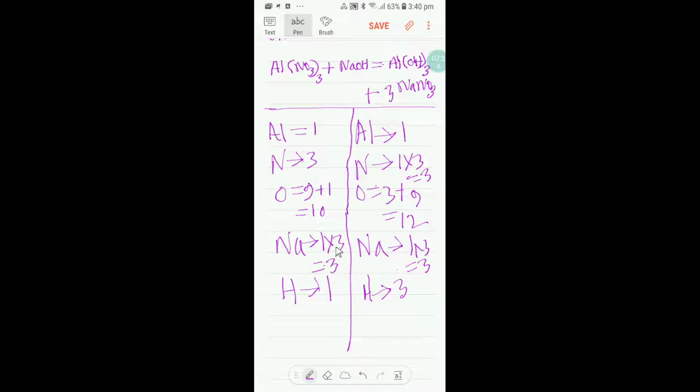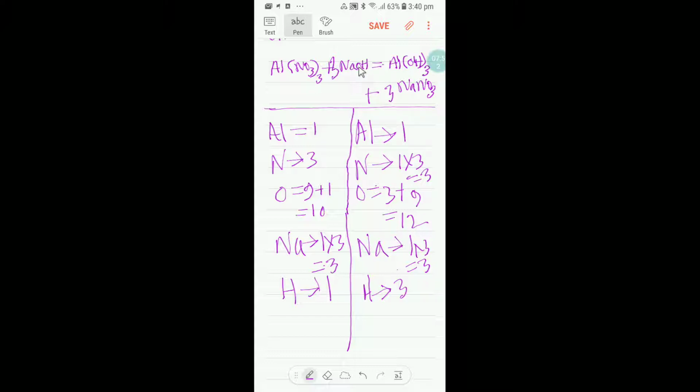If I multiply here by 3, this 3 will come before this sodium, that is here, right? So I will put here 3. Okay, if I put here 3, then the number of oxygen and hydrogen will be changed.